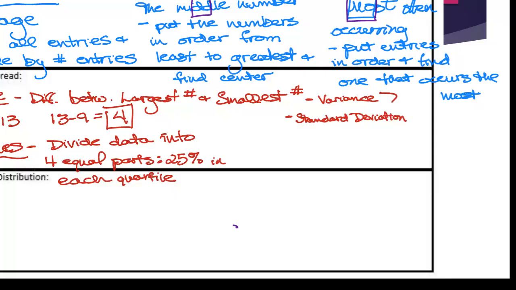So these two things describe how spread out the data is to the mean. How spread out the data is to the mean. Variance and standard deviation.